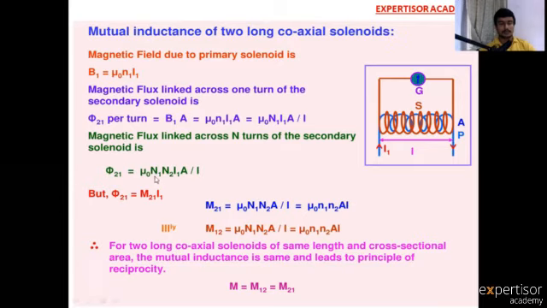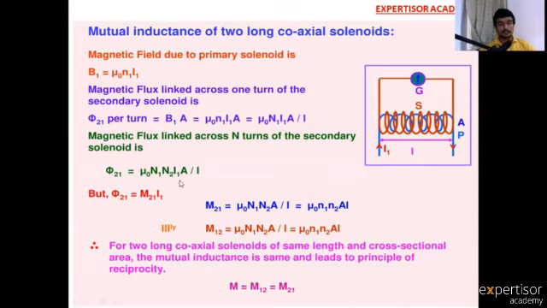So phi 21 is equal to mu naught N1 N2 I1 A divided by L. But phi 21 is also equal to M21 into I1.